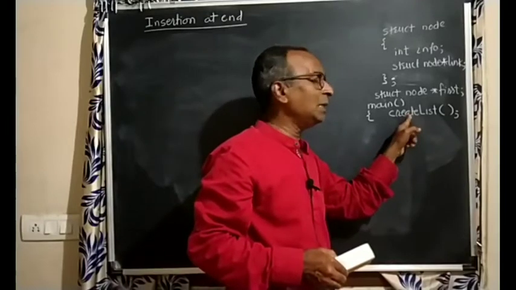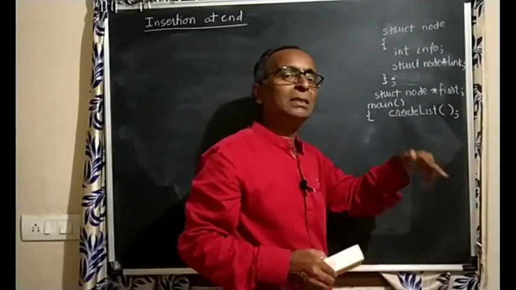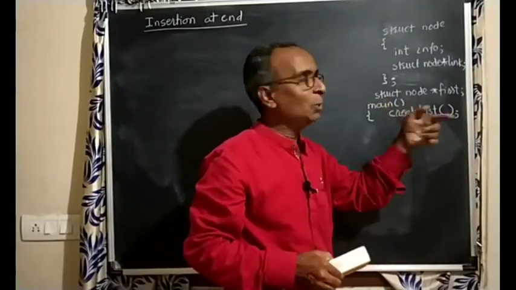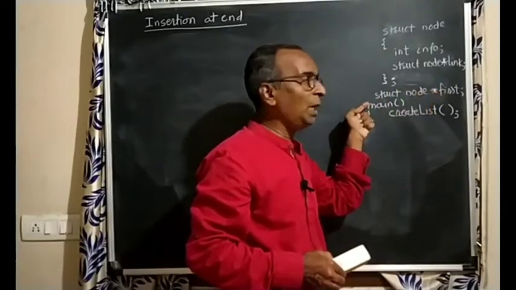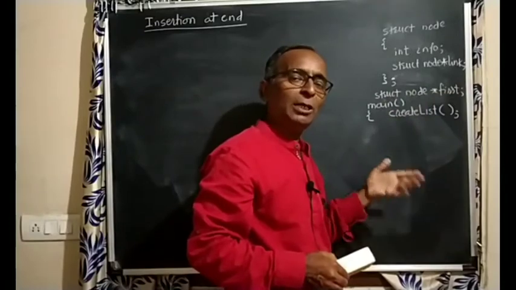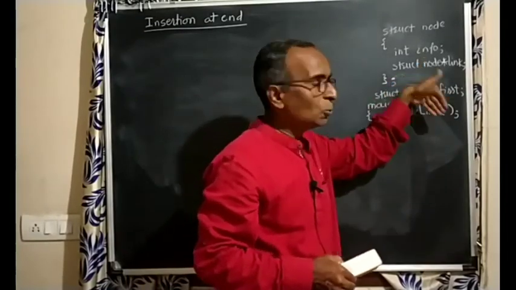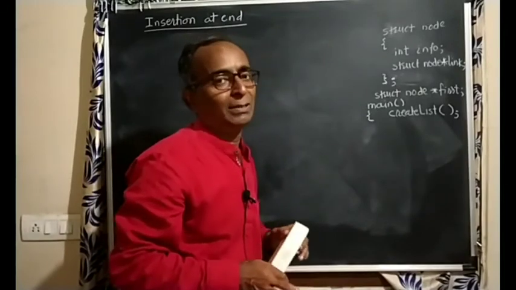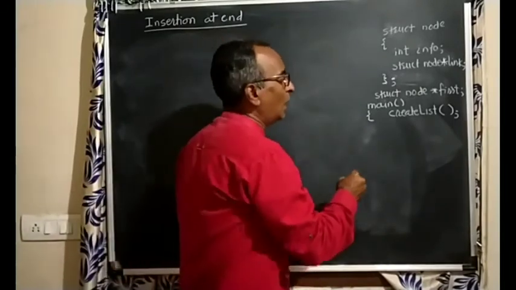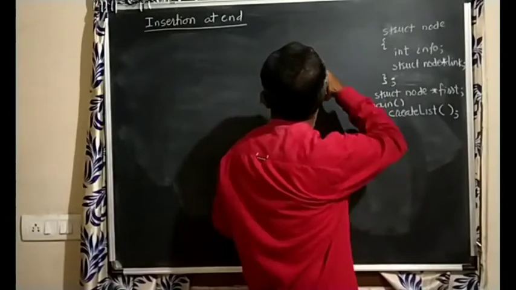So in create list you have created a list and you have set the first. So first is visible to create list, first is visible to main, first may be visible to any other functions also. There is no need of explicitly sending that as a parameter here. So now I want to do insert at end.